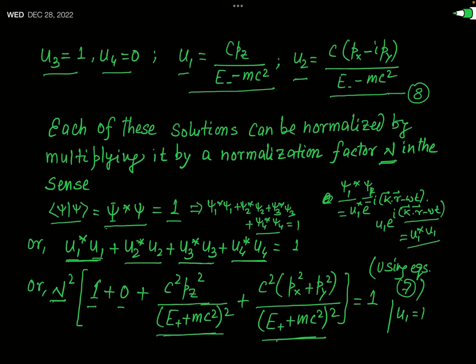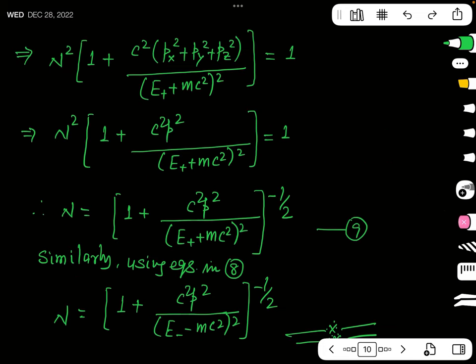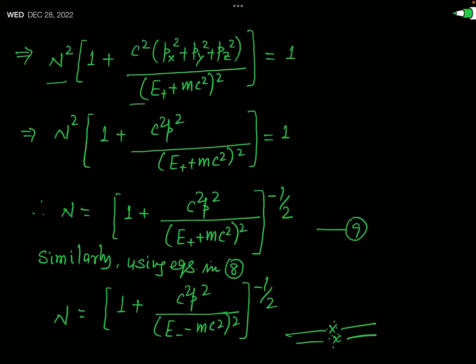Now let us combine the third and fourth terms in this equation on the LHS. Combining these two terms, the result will be n square times 1 plus this much, with (E plus mc square) whole square taken as a common factor, and in the numerator there will be c square (px square plus py square plus pz square). But you know that px square plus py square plus pz square is equal to p square.